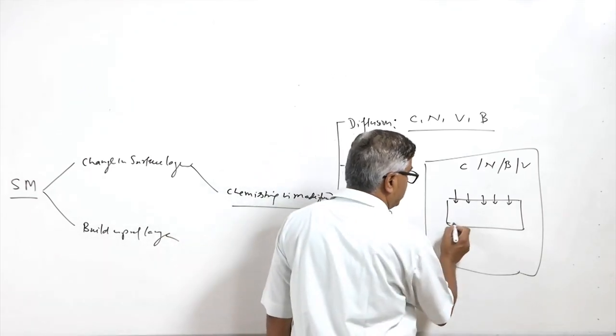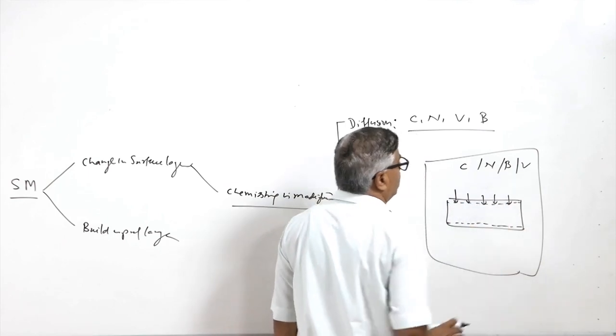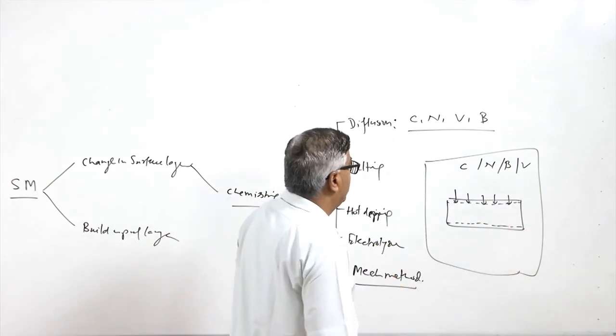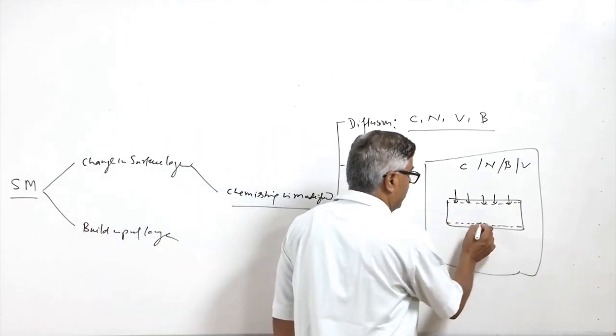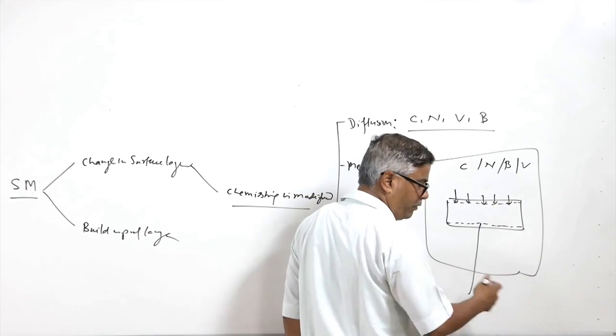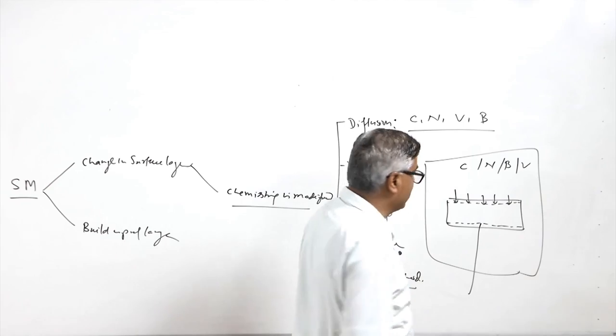Depending upon the depth up to which we want to modify the surfaces, this is continued, and once we have that, suitable heat treatment may be undertaken in order to form the phases that are required, so that the required set of properties can be obtained.